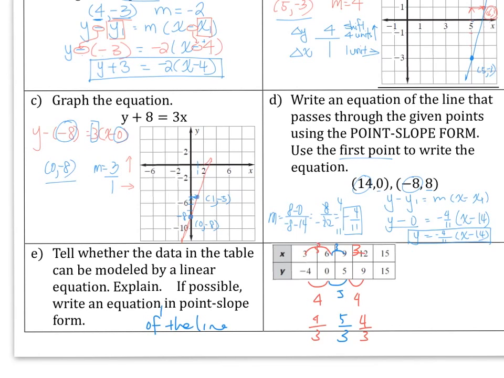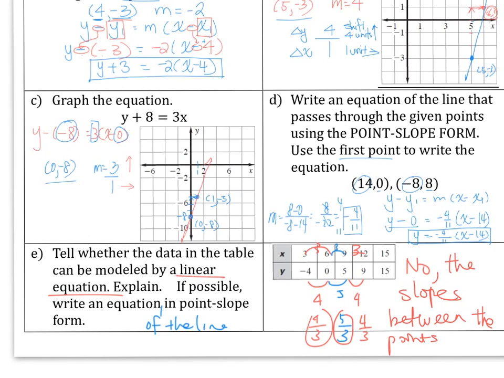Well, if we already have a pair whose slope is different from the first pair, we can just assume that these points won't form a linear equation. So we can write no, the slopes between the points are inconsistent.